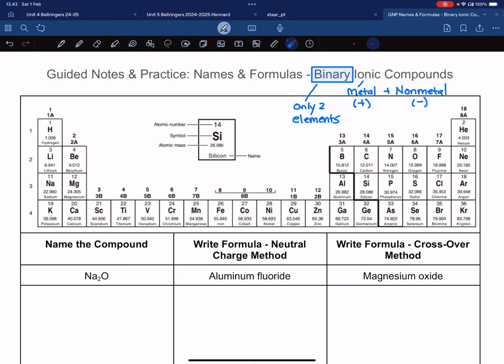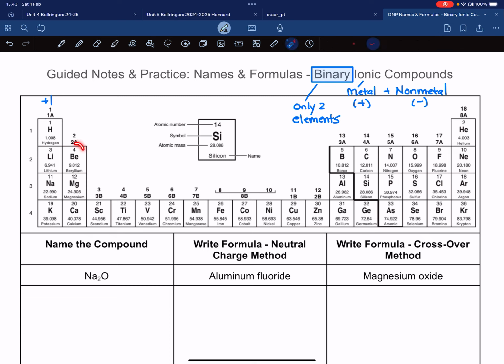Now, before we get started, let's have a quick review of charges. Lithium: the closest noble gas is helium. Lithium will lose one electron to have valence electrons that look like helium. Therefore, everything in group 1 will have a positive 1 charge.